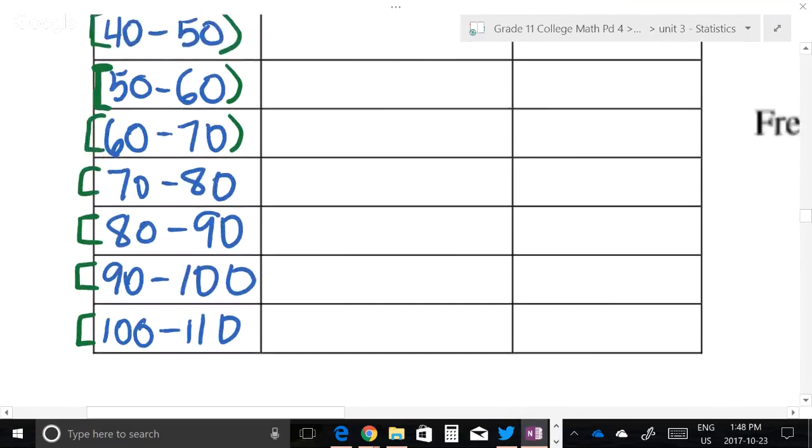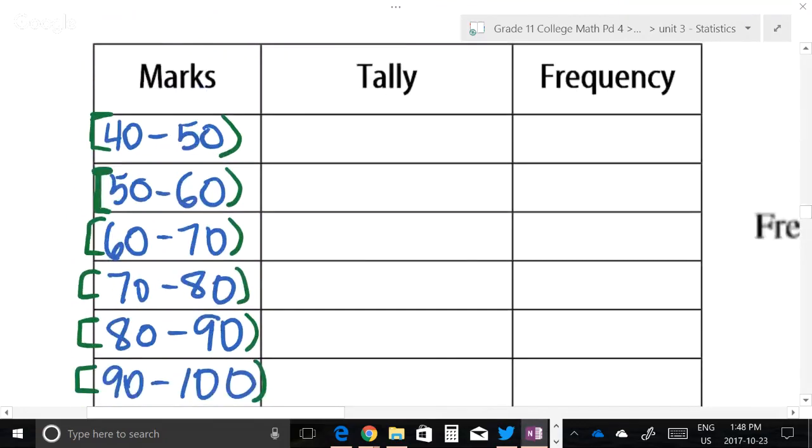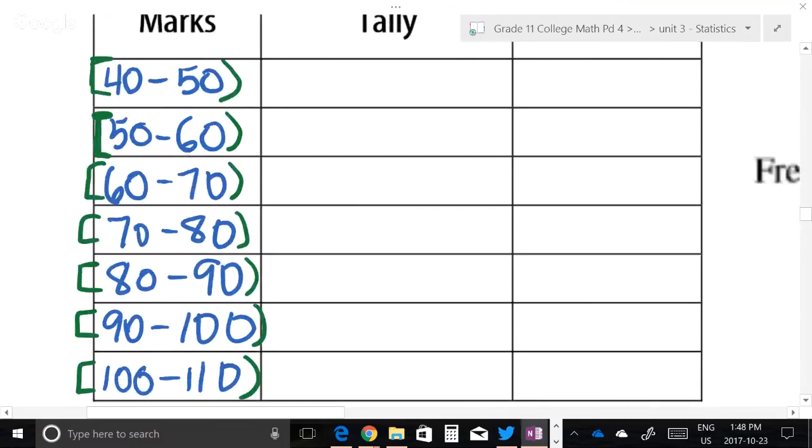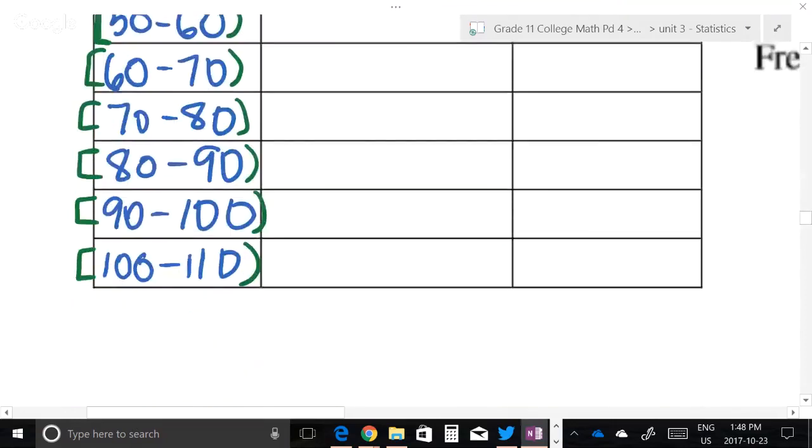And that's the rule of thumb. All right, you could do it the other way. You could say that 50 belongs in the 40 to 50 bracket. Doesn't matter how you do it, but we always use the round bracket. Bin does not include this number.